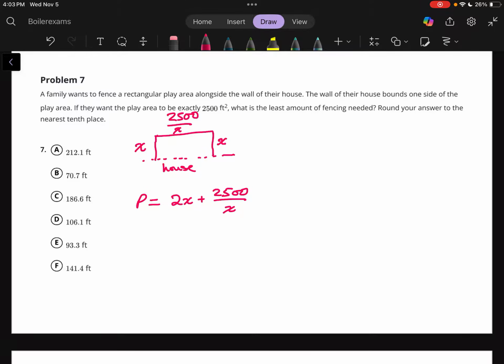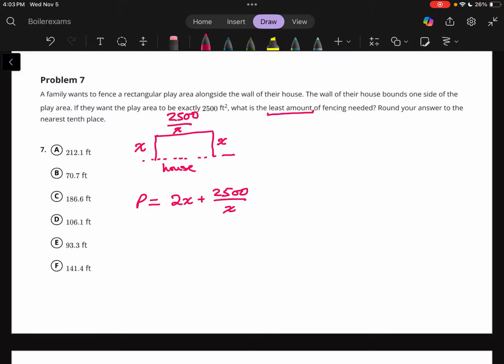What they want us to do is find the least amount of fencing. Anytime in calculus we see least, maximum, most, or minimum, what you want to think is derivative, because derivatives can help us find the minimum and maximum values of a function.